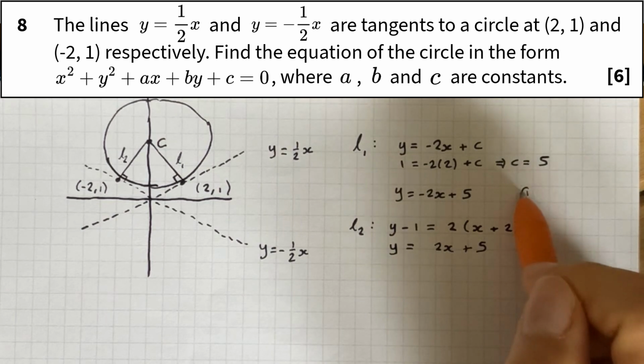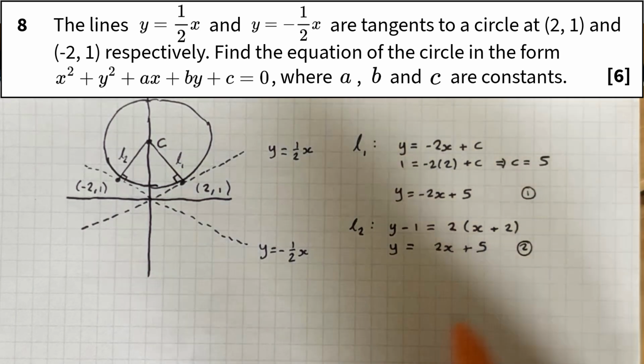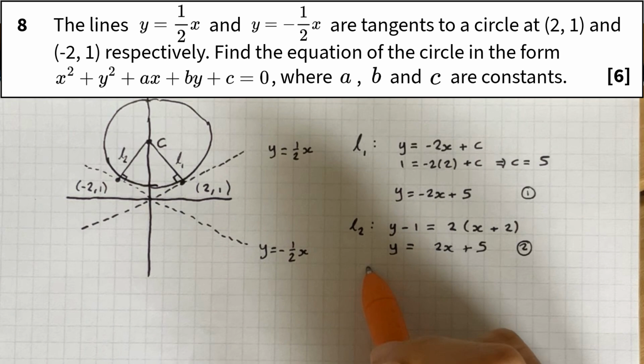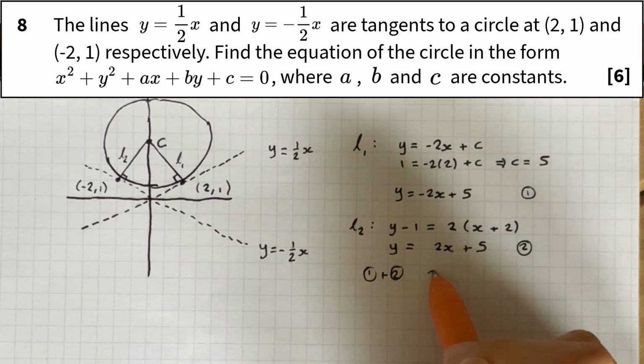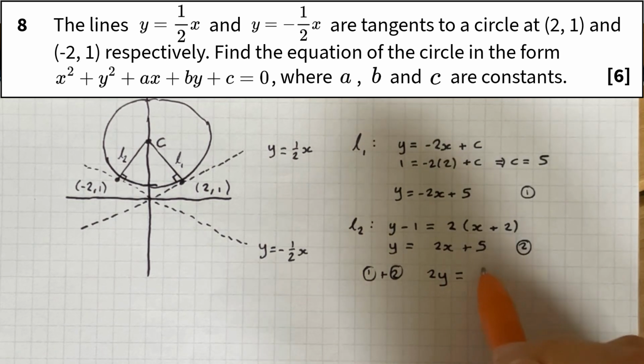Now, if we give these names, 1 and 2, and add these two, that's going to eliminate the 2x and the minus 2x. And we're going to get 2y is equal to 10, which means that y is equal to 5.